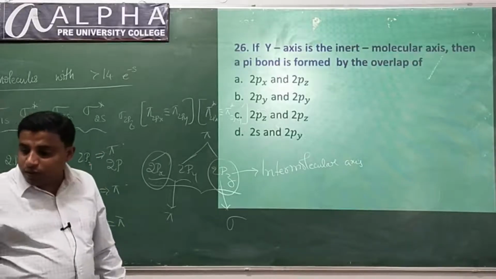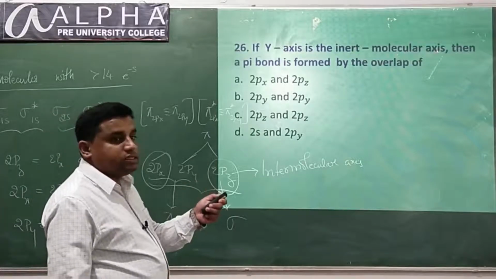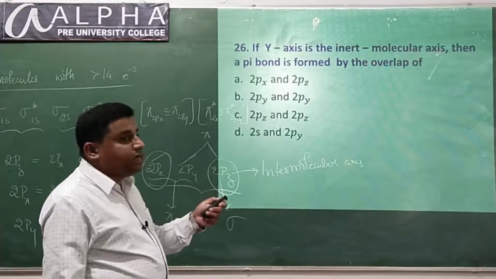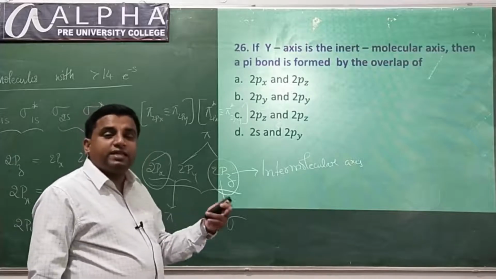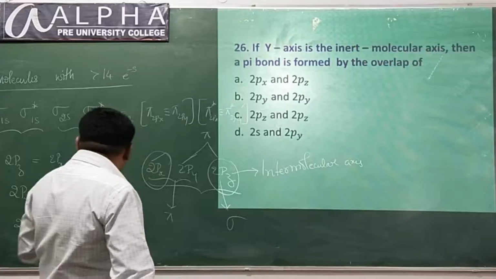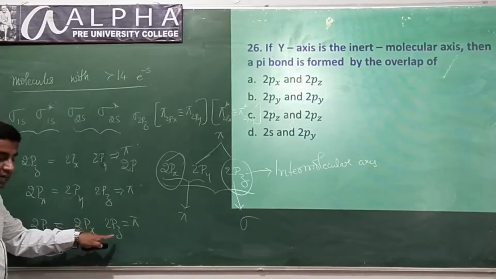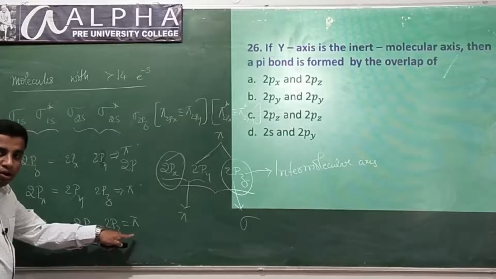So according to the question, if the y-axis is the intermolecular axis, then the x-axis and z-axis will form pi bond, isn't it? Is that correct?